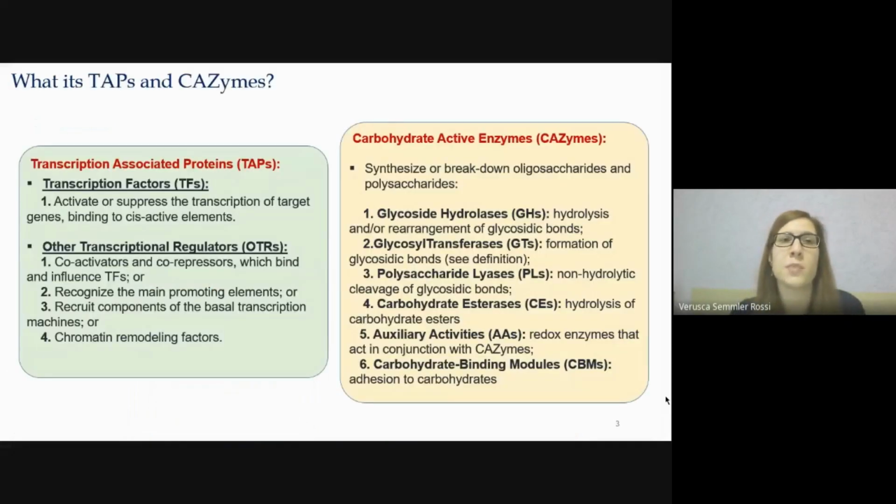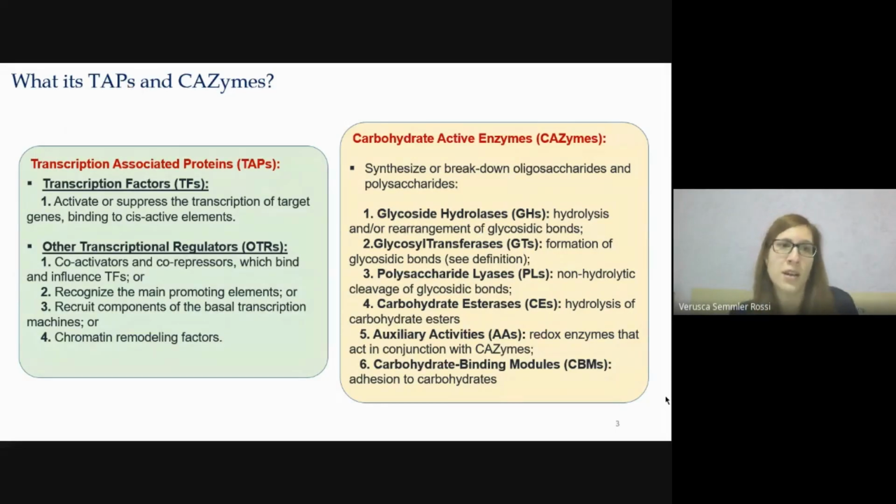So what are TAPs and CAZymes? TAPs are proteins responsible for gene transcription that can be divided into TFs or OTAs. TFs activate or suppress the transcription of target genes.